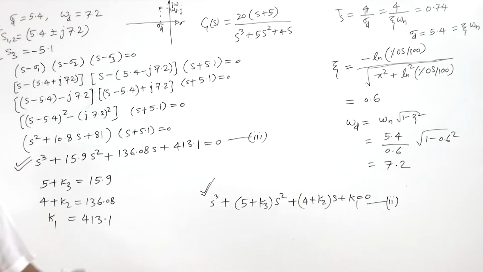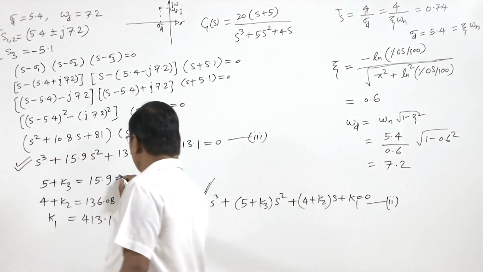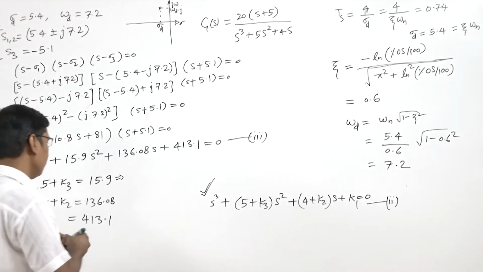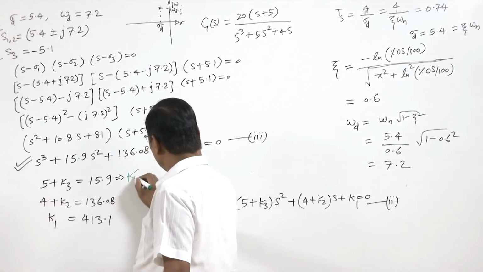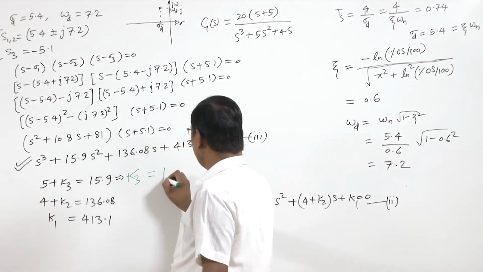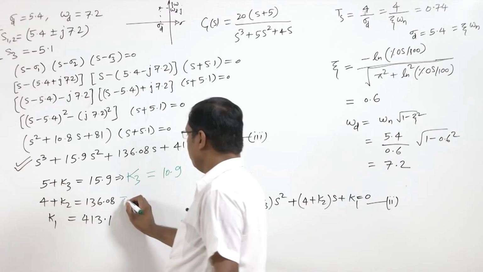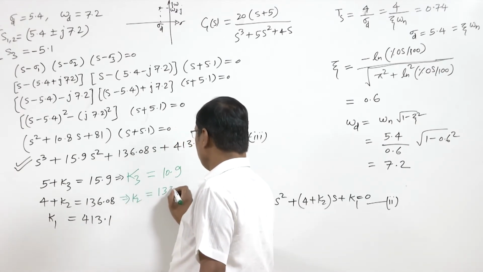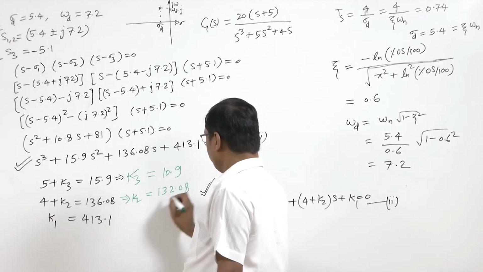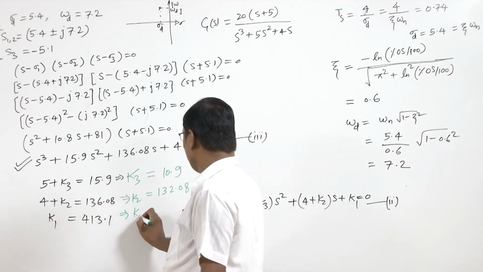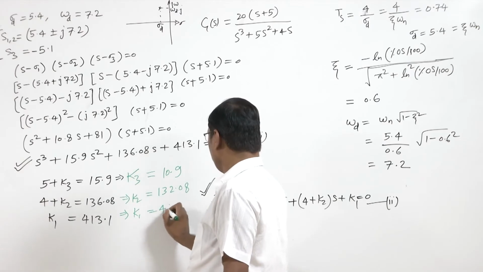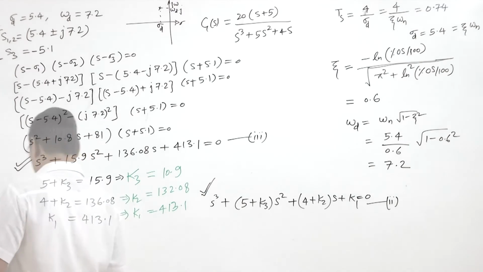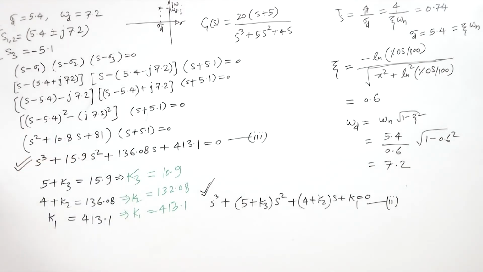So from here we can obtain that k3 equal to 10.9. From here we can obtain k2 equal to 132.08 and k1 equal to 413.1. And here we have the 0 is the same.